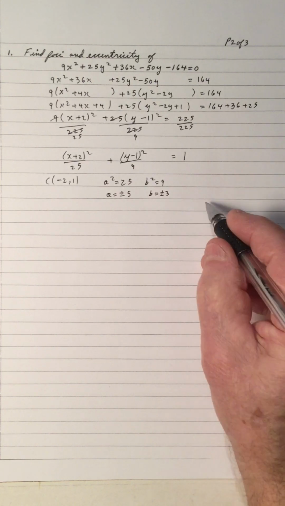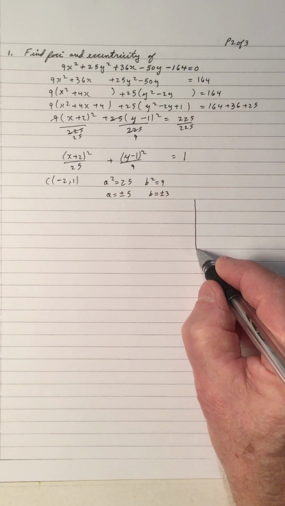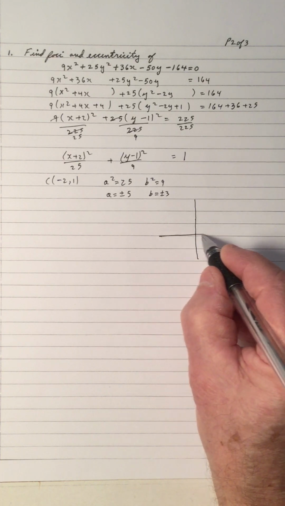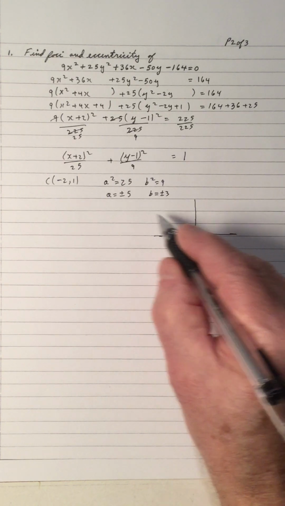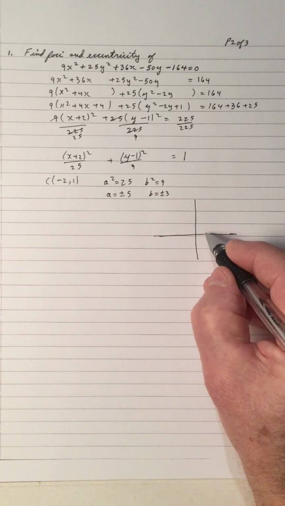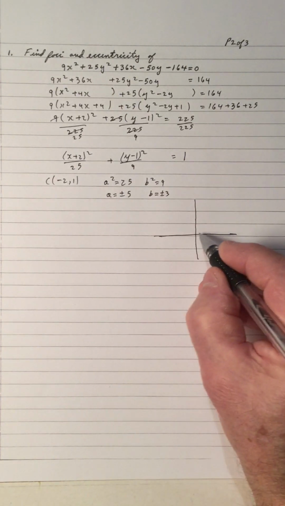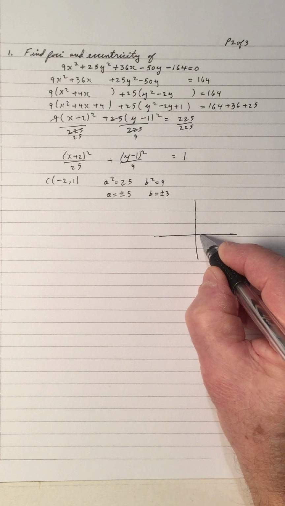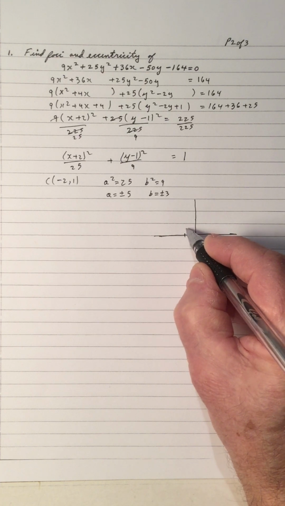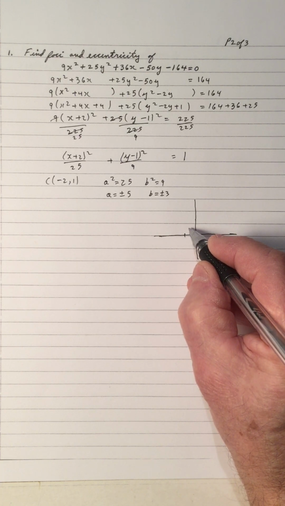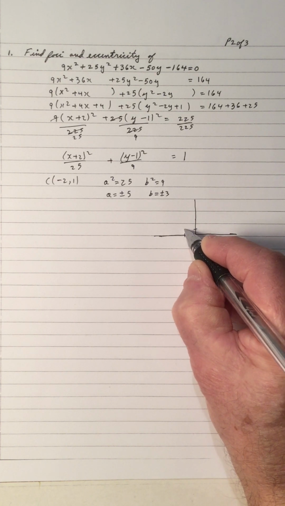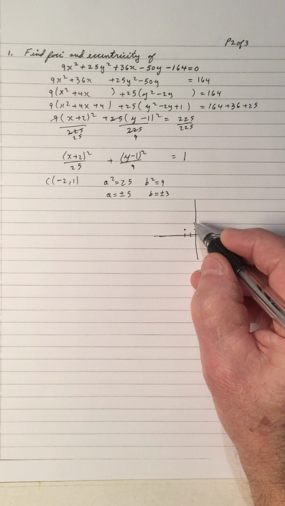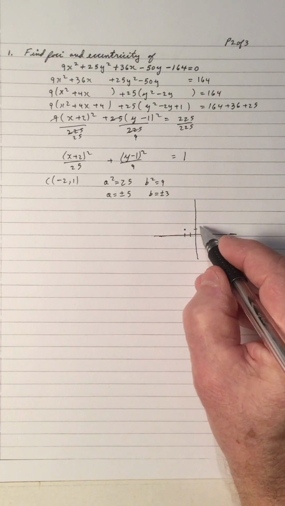Now let's draw a little picture of what we have here. I always like to draw the picture of the ellipse. So we have a center of negative 2, 1, which is right there, and the stretch is plus or minus 5.